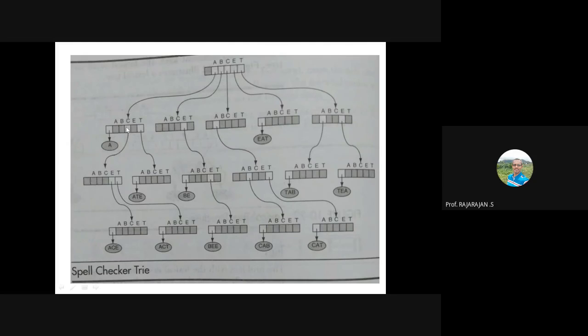C is also not null. But when I come to this level, I find B to be null, which means there is no possibility of ACB being found in this particular tree. So it is an invalid word. This is a simple idea. You can verify whether a particular word, a combination of a particular set of characters, is actually represented in your spell checker.